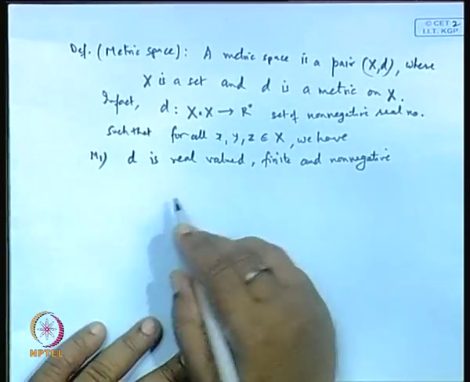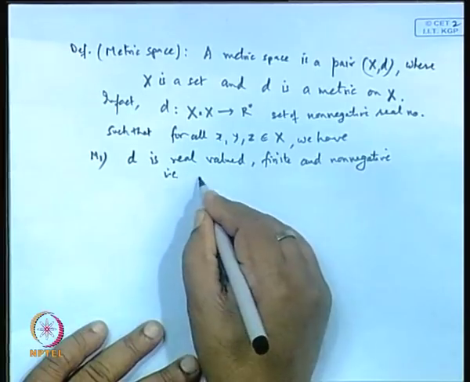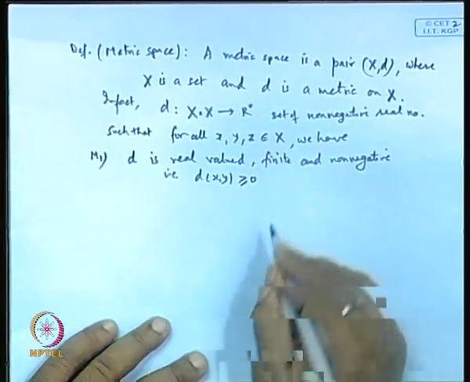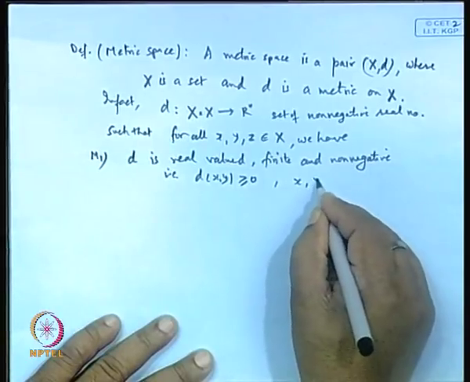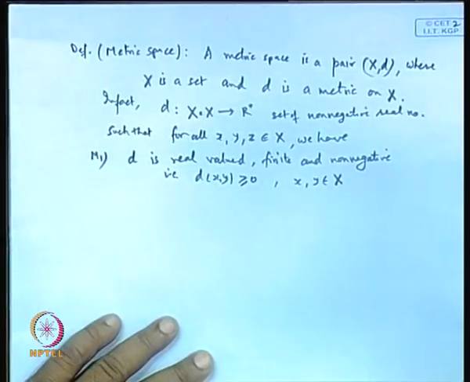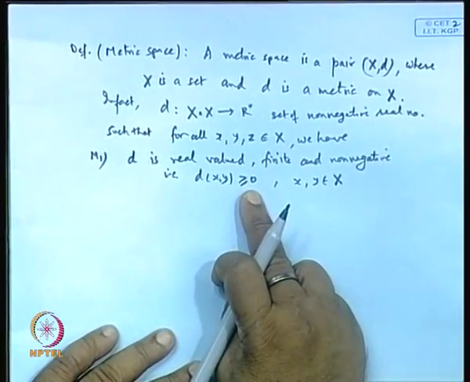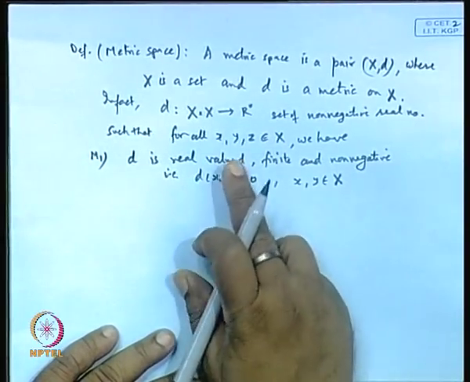That is, d(x, y) will always be greater than or equal to 0 for any x, y belonging to X. So, it is a non-negative quantity, finite and real valued.